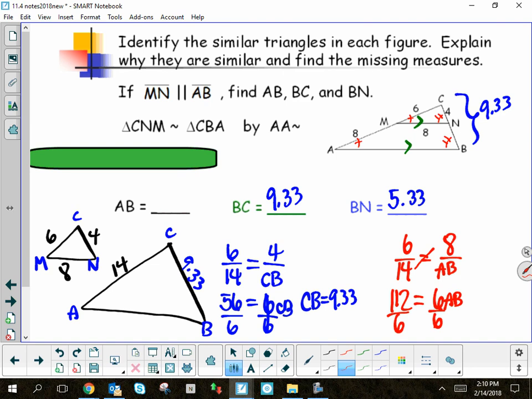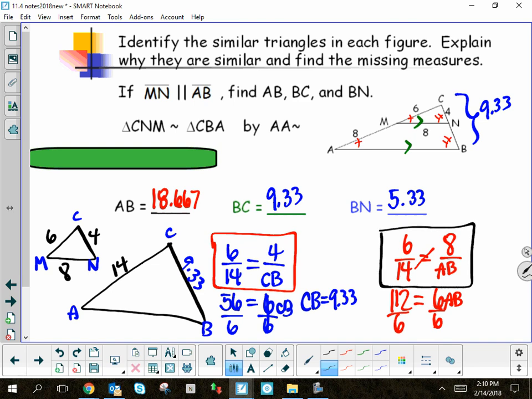This one's going to be 18.667. 18 and 2/3. So 18 and 2/3, 9 and 1/3, and 5 and 1/3. Okay, so again, notice these proportions, how I write those out first. And you always want to make sure that they all relate, okay?